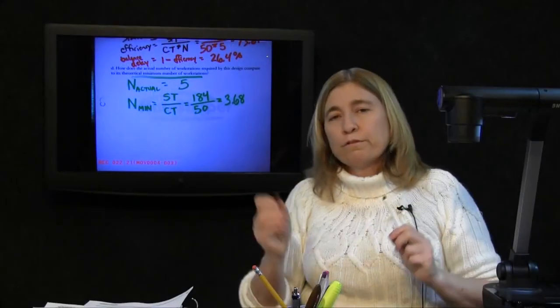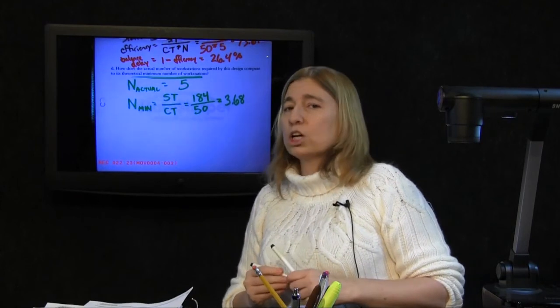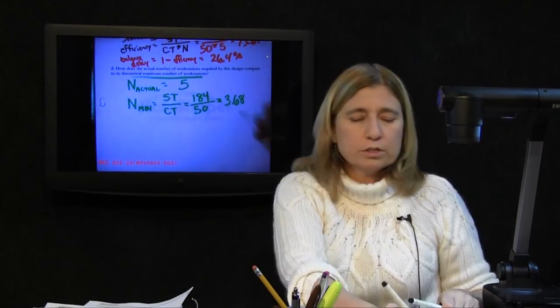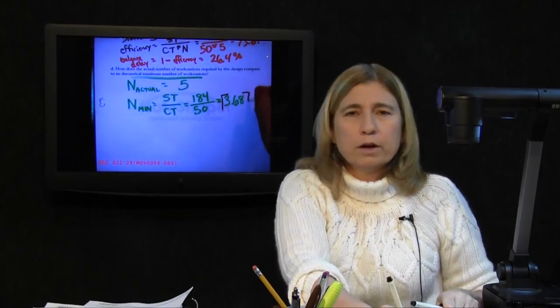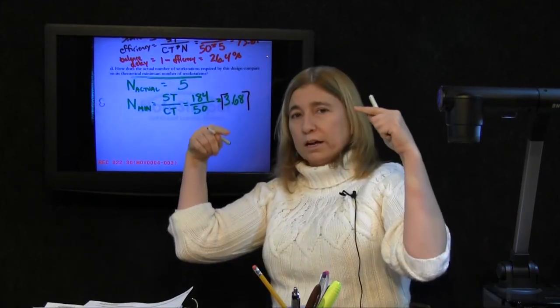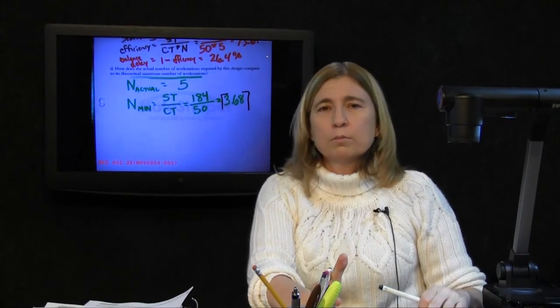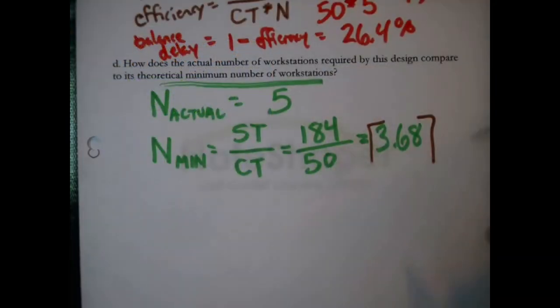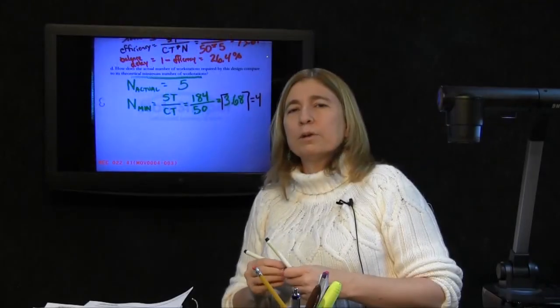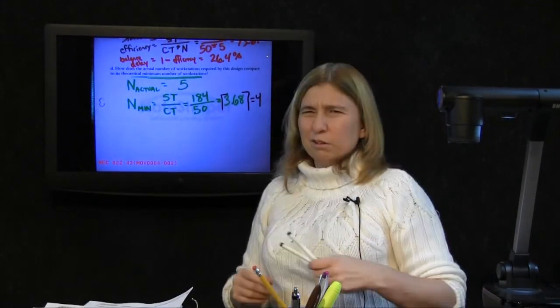With this formula, the theoretical minimum number of workstations, there's a rule. Always round up. That's what those strange brackets mean. You're going to report a round number if you're asked what's the theoretical minimum number, and that number will be the result of rounding up. Now, this particular problem, we would have rounded up anyway.